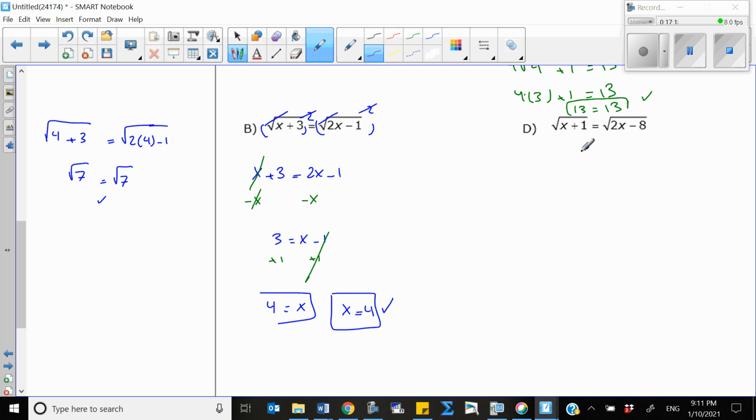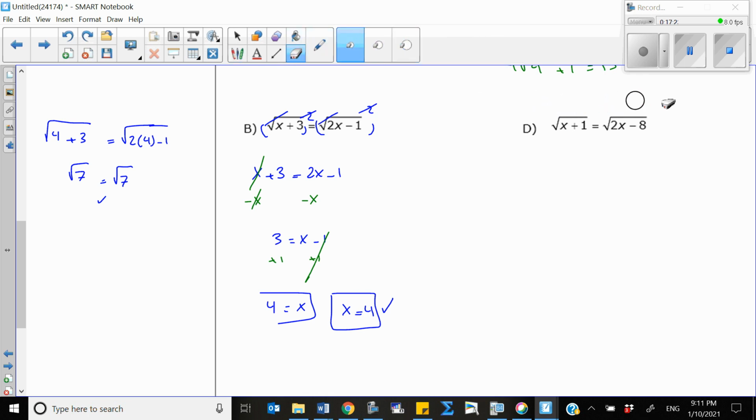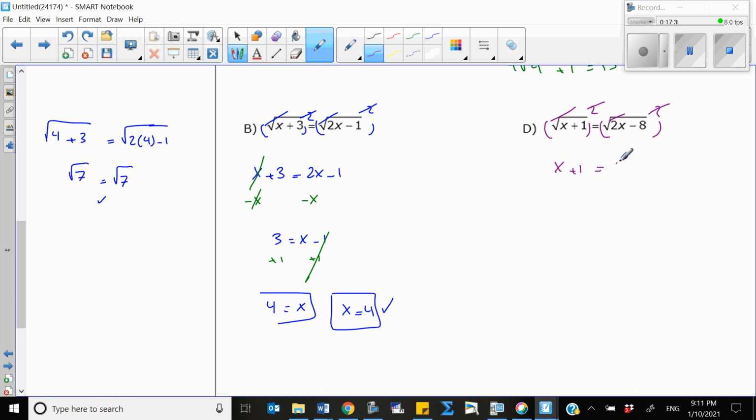Okay, let's go to the next example. Again here, both sides are radicals. So let me erase here. Okay, so we have one radical on each side. I'm just going to simply raise both sides to the power of 2. They will cancel the radicals, and I will have x plus 1 on one side and 2x minus 8 on the other side.